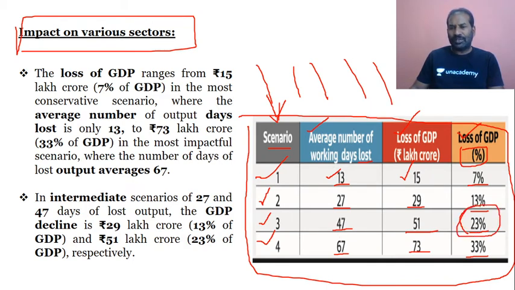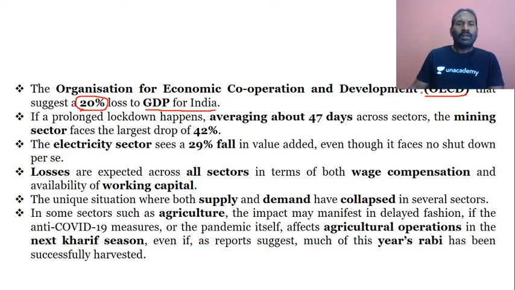Please look at this figure. If you take an average of 35 to 40 working days lost, then definitely whatever the OECD has come up with, a suggested 20% loss of the GDP, would be very huge.